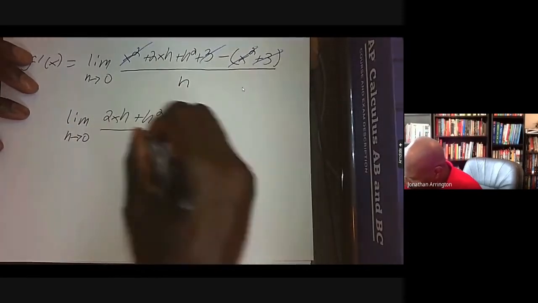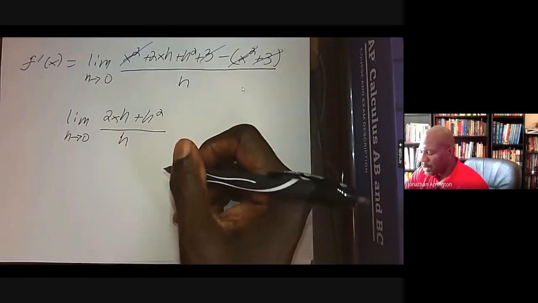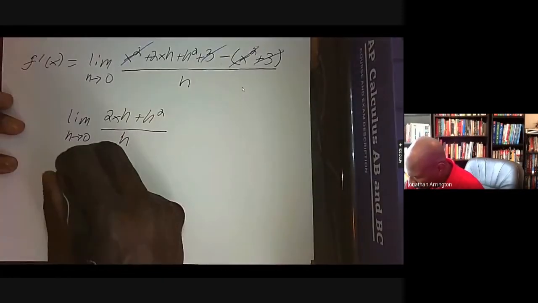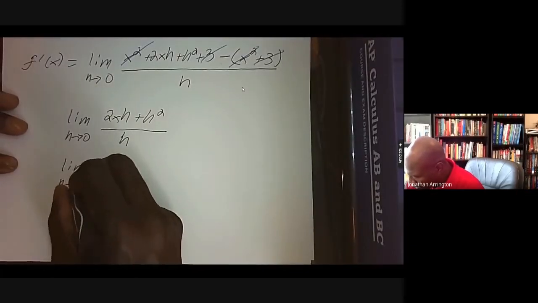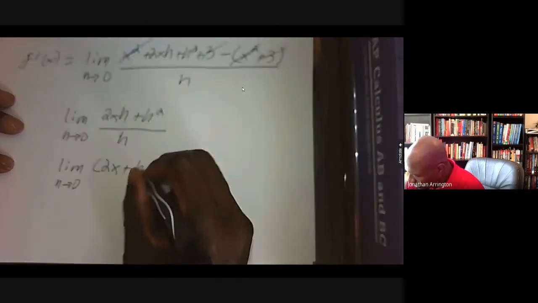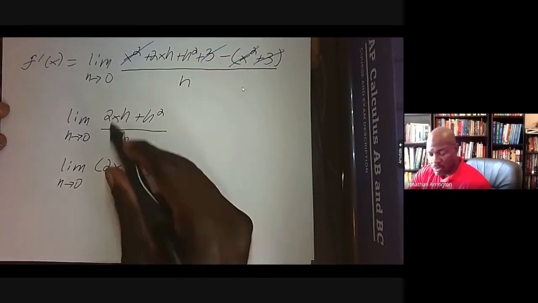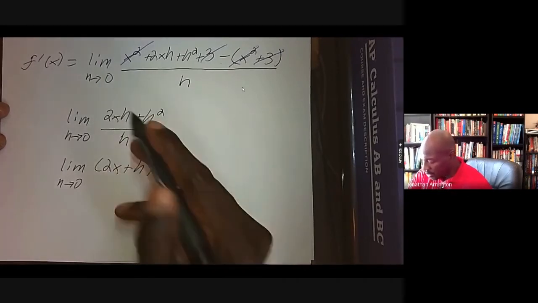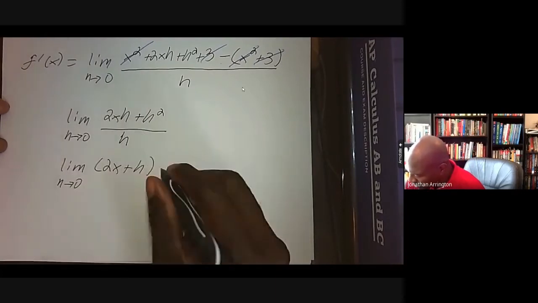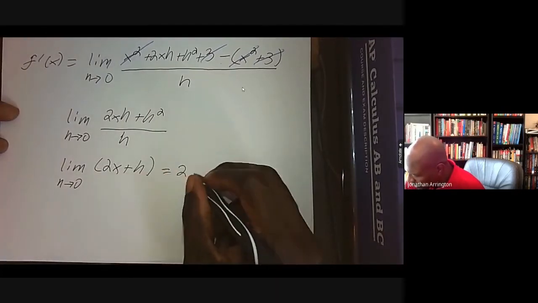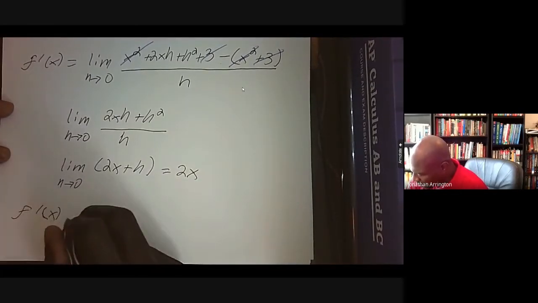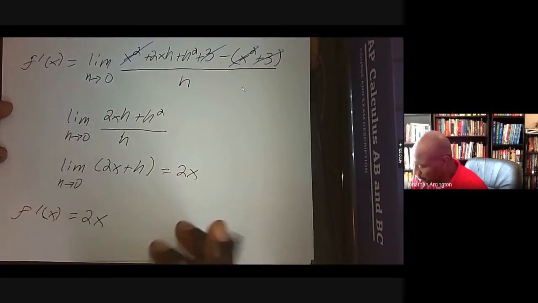That's it, over h. Now you may notice that both these terms have an h in them, so we can divide by h. So this is the limit as h goes to 0 of 2x plus h. This is just me dividing both these terms by h, and I have to divide both of them by h. And now I'm able to plug in 0 for h. Since I got this h out of my denominator, I plug in 0 for h, and I get 2x. So f prime of x for this particular problem is 2x.